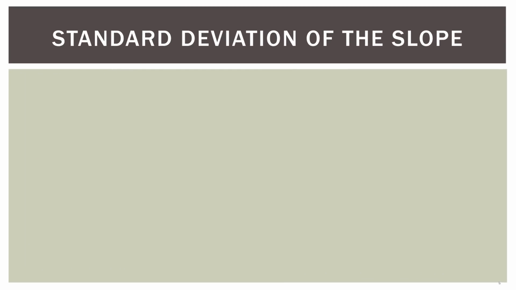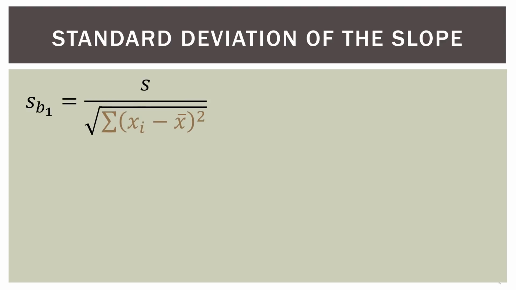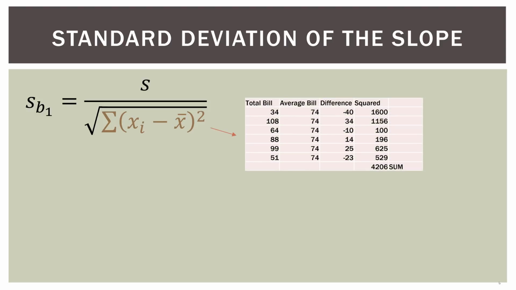The one thing we don't know is the standard deviation of the slope, s sub b1. I guess that's how you'd say that. And the formula is s, which is the root mean square error, we saw that in the output, divided by the square root of the sum of each x value minus its mean, squared. We've actually done this in a previous video, but we can show how that works.